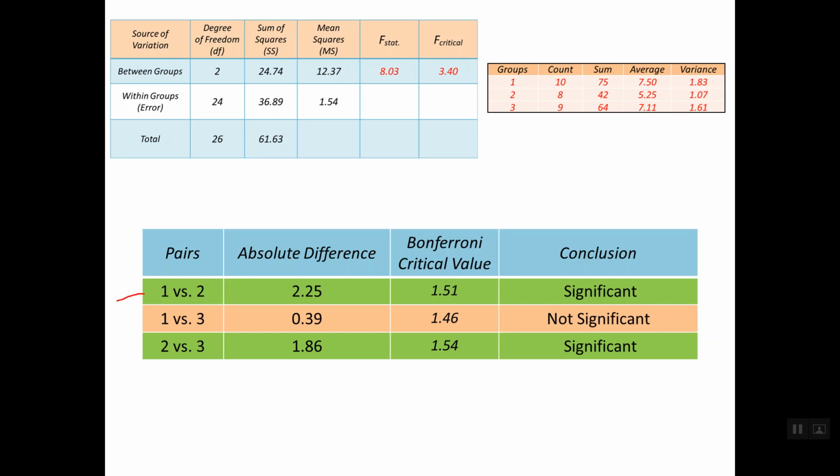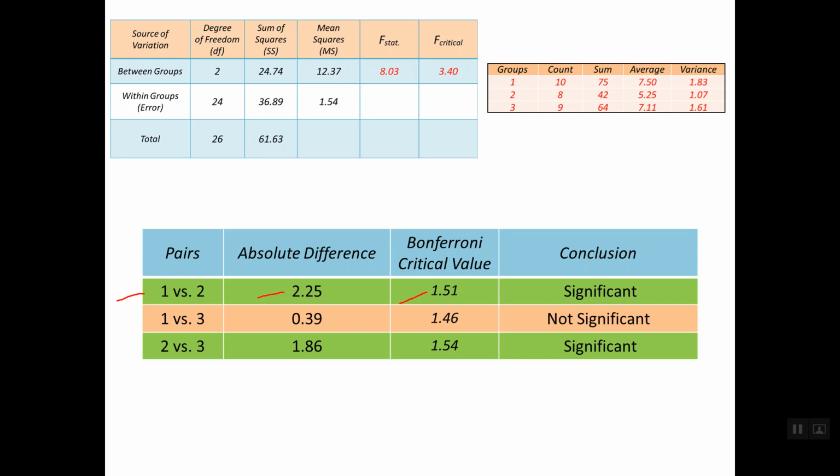First is group number 1 versus group number 2. The absolute difference between the means for group 1 and 2 has been calculated to be 2.25, and regarding the Bonferroni critical value for group 1 and 2, it's 1.51.